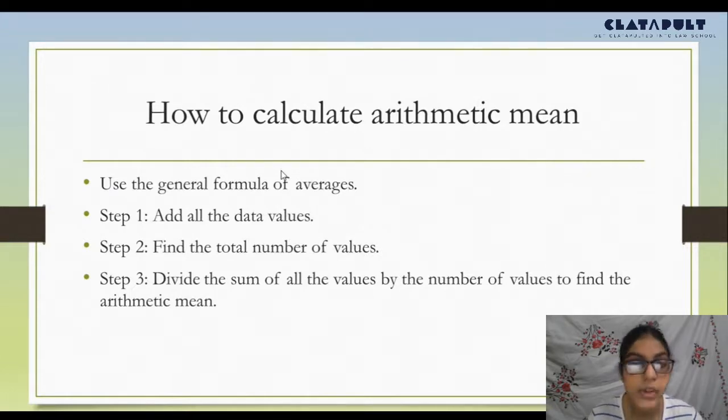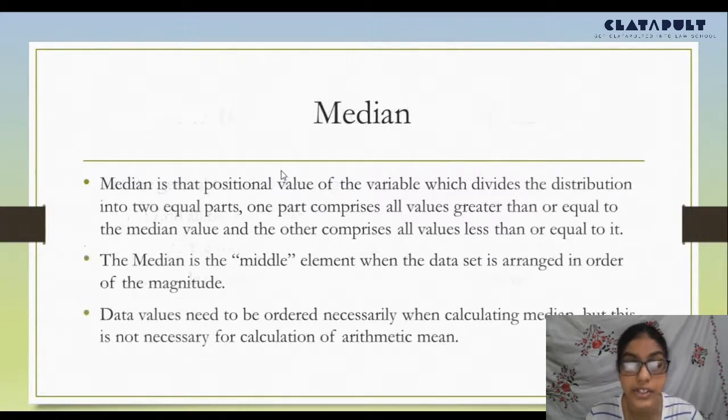What's median? Now, median is something that is very different from an arithmetic mean in general, as it does not really have a fixed mathematical formula as such. It refers to a positional value. So, for a median, you essentially need the data to be in a certain order, right?